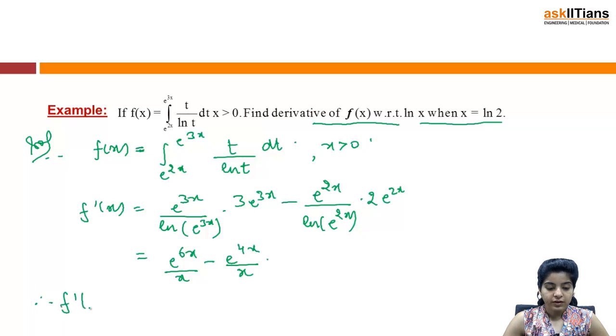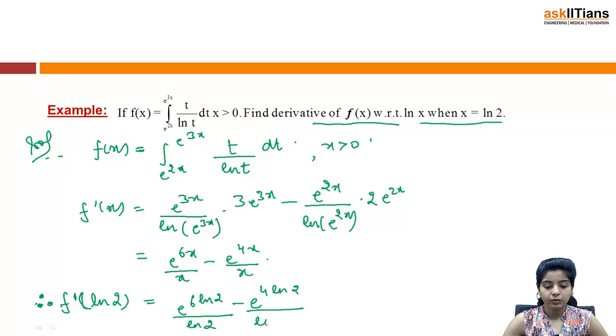Therefore, now f'(ln 2) would be equal to e raised to 6 ln 2 by ln 2 minus, we have this value, right?